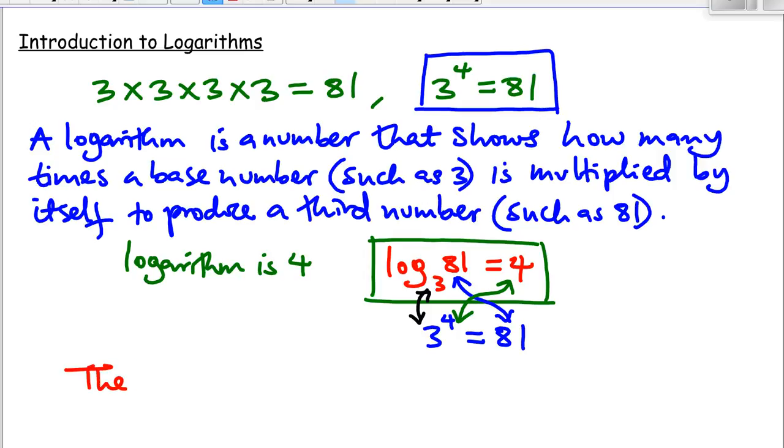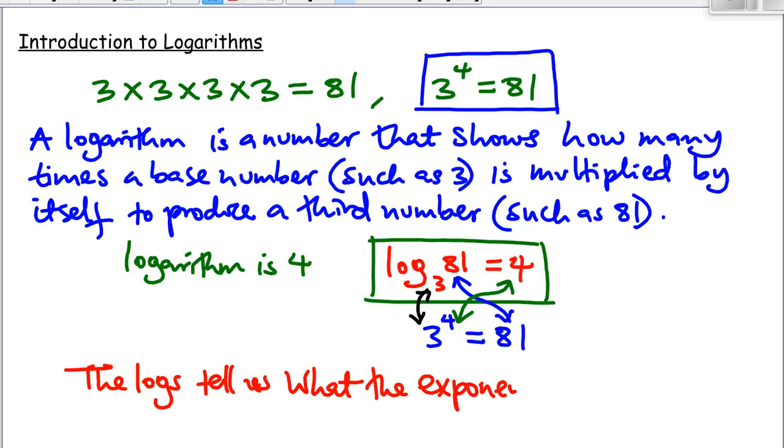The logs tell us what the exponent is. That exponent is the index here. So this is, in general, what a logarithm is. It's basically a power, an exponent, and it tells us what the exponent is.